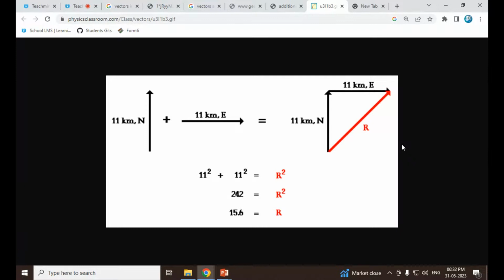We started from A, B, C, D, and go back to A. The displacement value is 0. How about the distance he covered? 1 kilometer each, 4 kilometers he traveled. Displacement is 0 only.